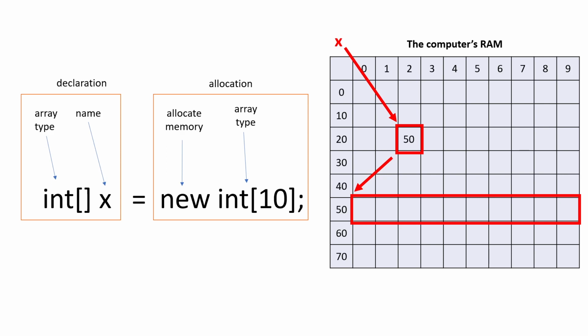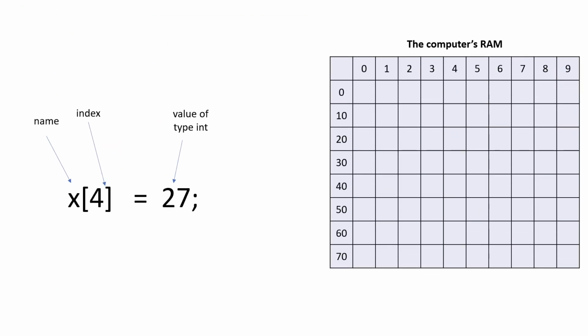Okay, so now just like with normal variables, we can change the data inside an array. So let's have a look at that. So in this case, what I'm doing is I'm changing the fourth item in my array of 10 values.